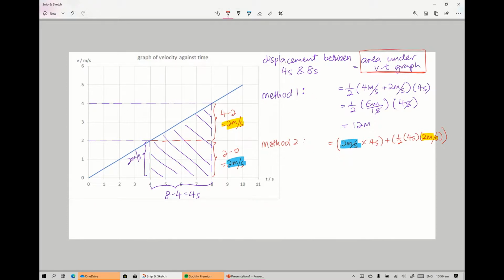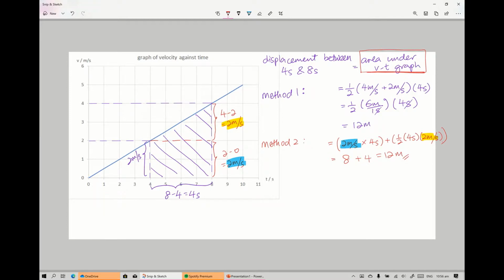By now you should get an idea of how I cancel out the units, so I'll dive straight into the answer. 8 plus 4 equals 12 meters. So using another method, you still get the same displacement. The very basic idea is still area under the VT graph.